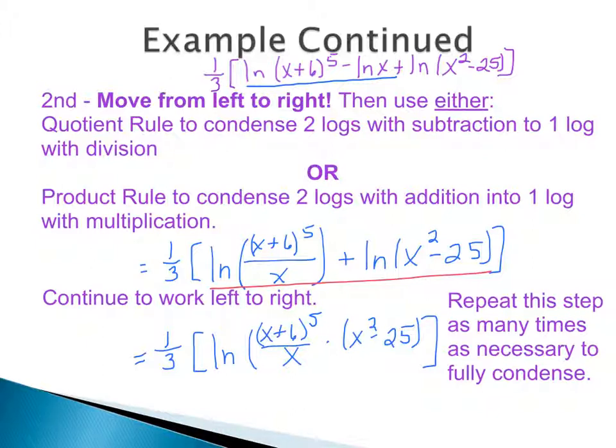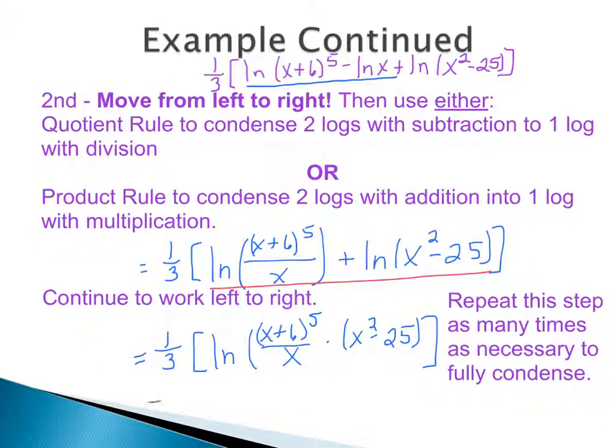So remember, when we're multiplying, we have a fraction and a whole number. You could consider that whole number, that x squared minus 25, to be over 1. And when we multiply it, it actually goes into the numerator. So whenever you have a fraction and you're going to be using your product rule, you can shorthand this by putting, in this case, that x squared minus 25 into the numerator.